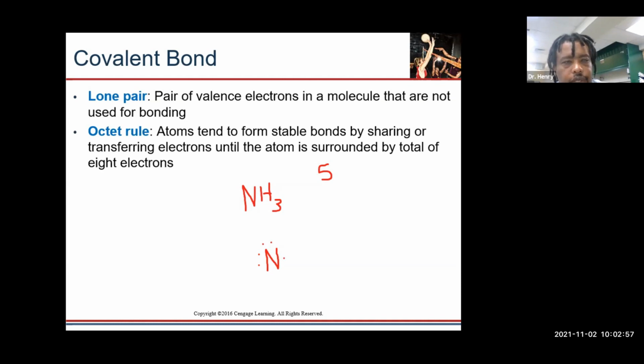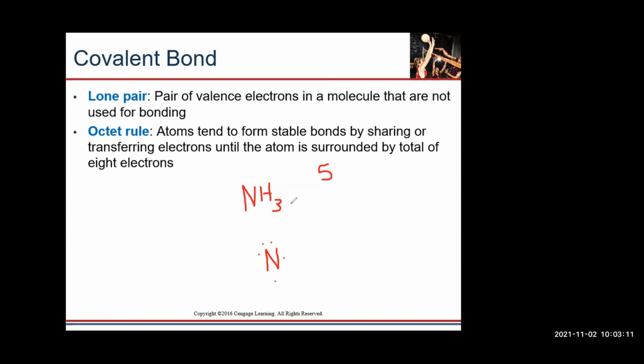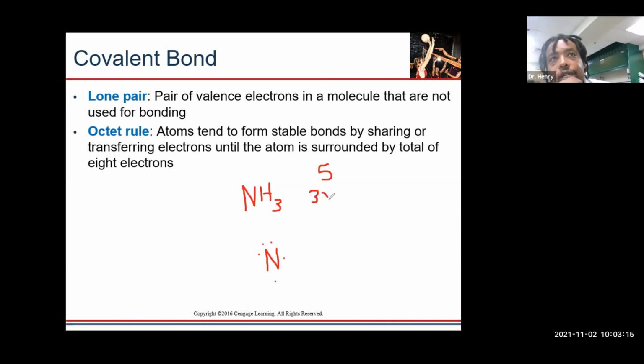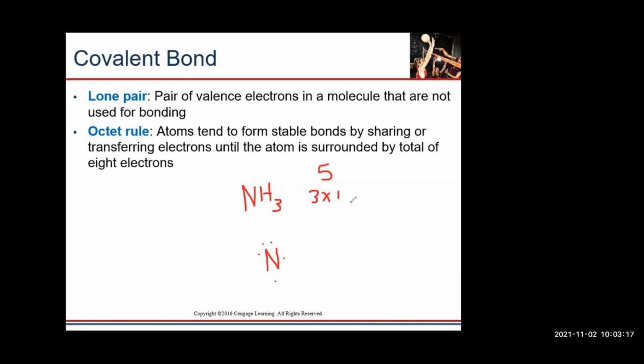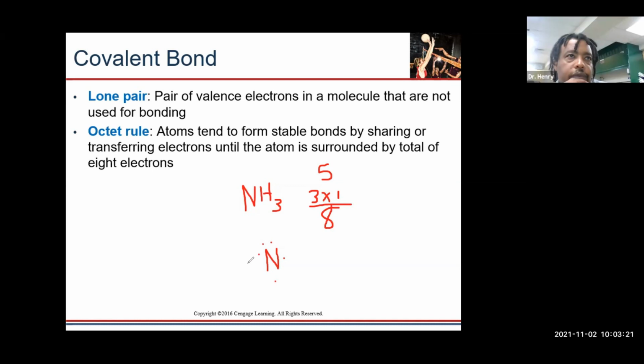I'm actually going to cheat a little here. Okay, how many valence electrons does hydrogen have? Is it 1? Okay, so it's 3 times 1. So we have a total of 8 electrons to work with.